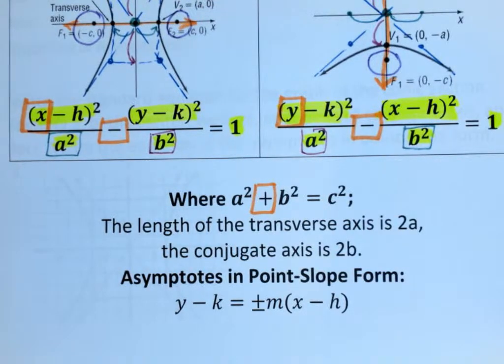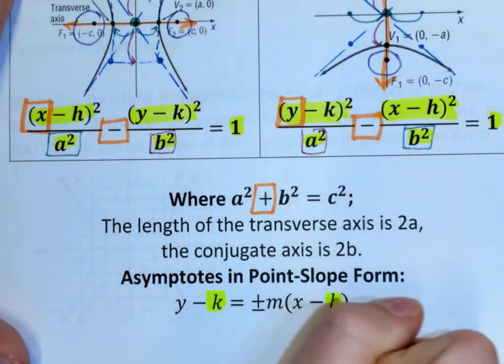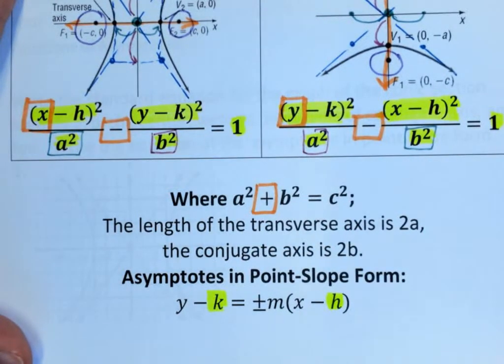And all I'm ever going to ask of you is to leave it in point-slope form. Point-slope form is super, super sweet because all you're going to do is put y the opposite of the y, x the opposite of the x, just from your center. It's always y, it's always x, it's always plus or minus. And then m, what does m usually stand for?